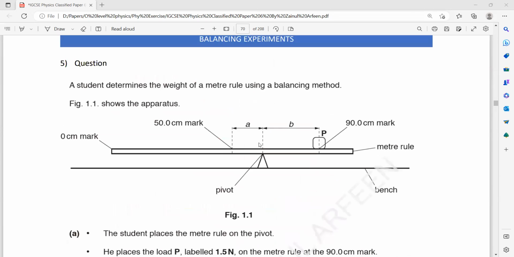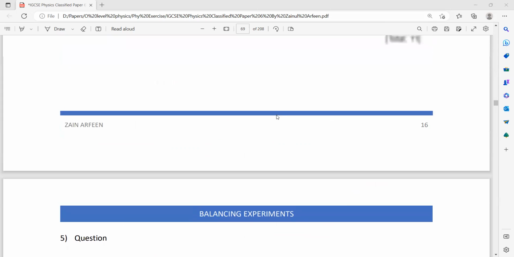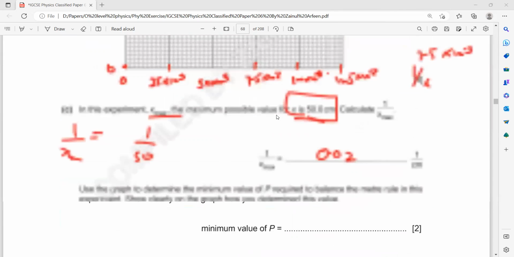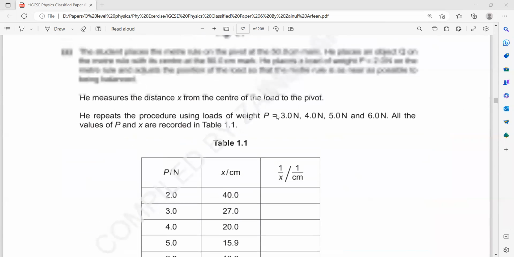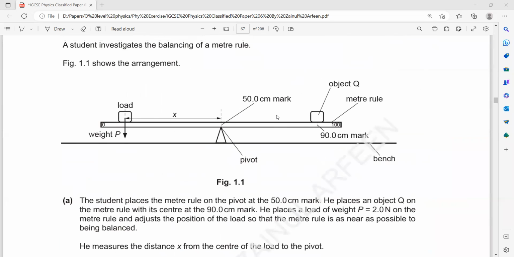Then the last question from this balancing experiment, a student finding how estimation is done. For example, I know it's just an estimation.